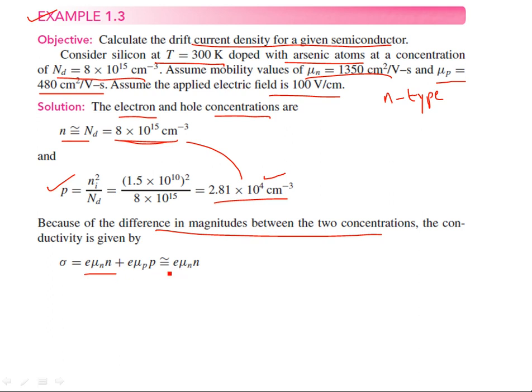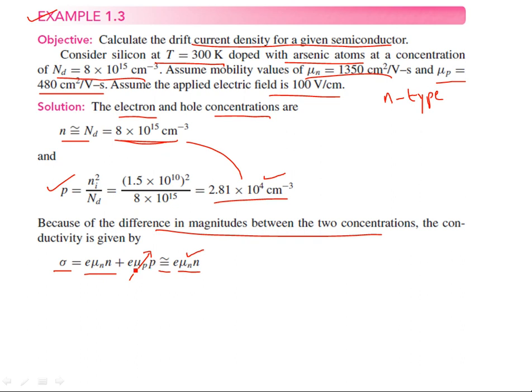So in a sense, the conductivity of the material is going to be governed by the negatively charged particles only. The hole contribution is a small quantity compared to the contribution of the negatively charged particles in the conductivity of the material.